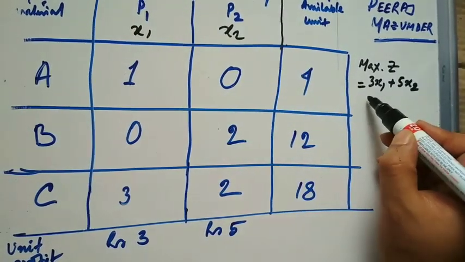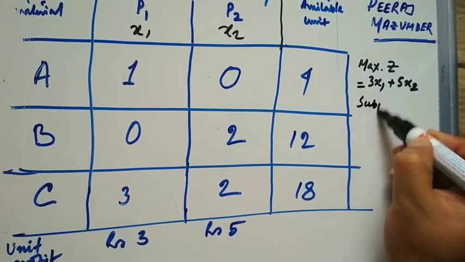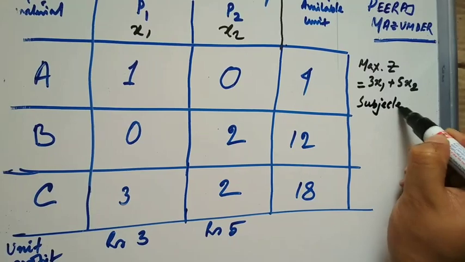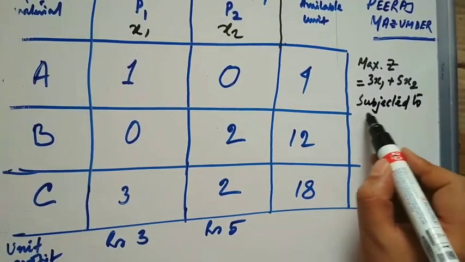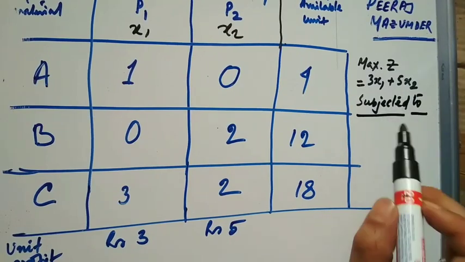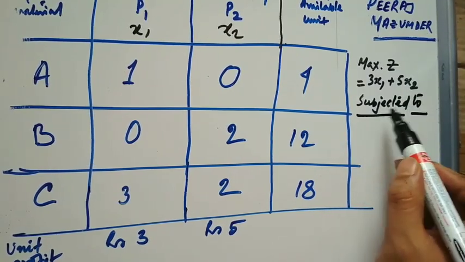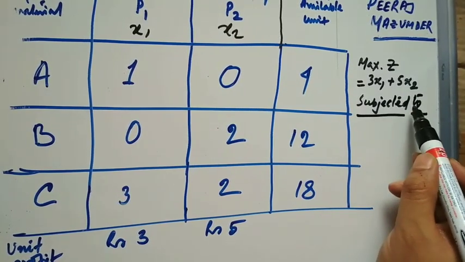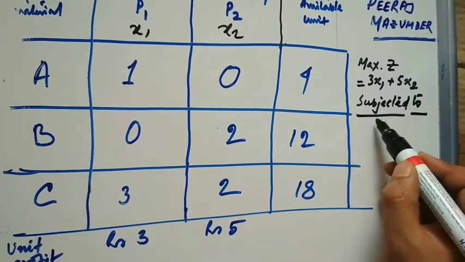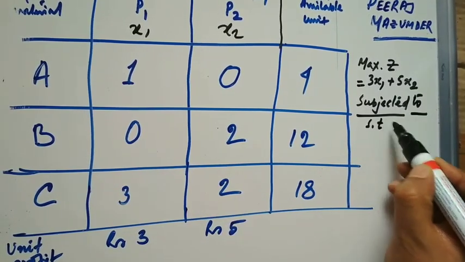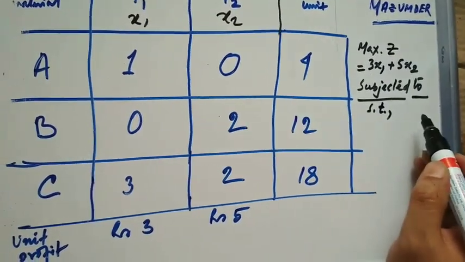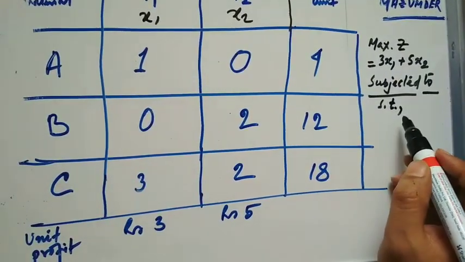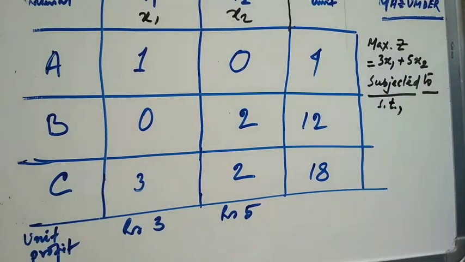Now it is subject to the constraints. Subject to means the constraints. Since it is the first video, I am writing the subject to in an elaborated manner. From the next class onwards we will write it in short form. Look, now we have to write the constraints.